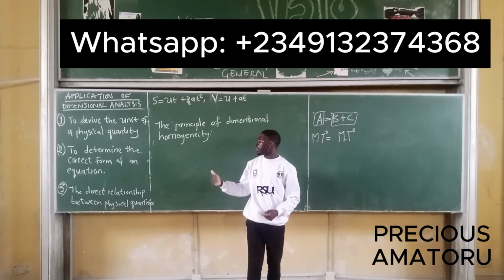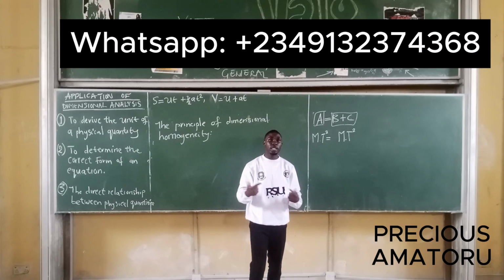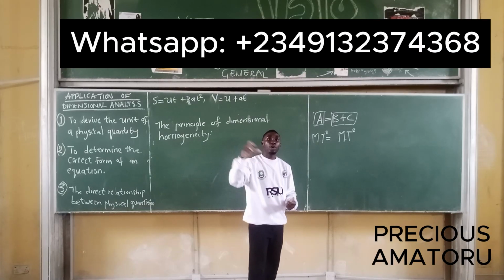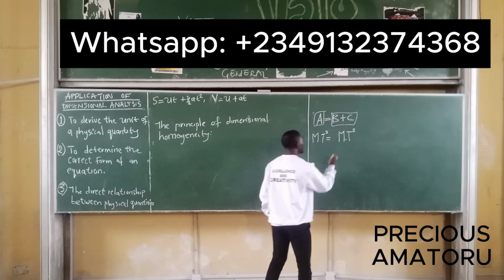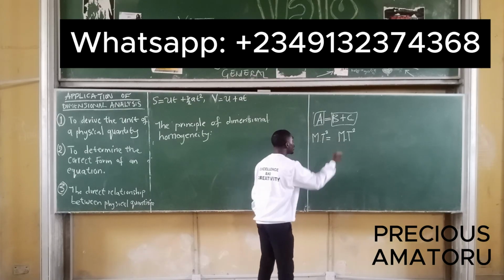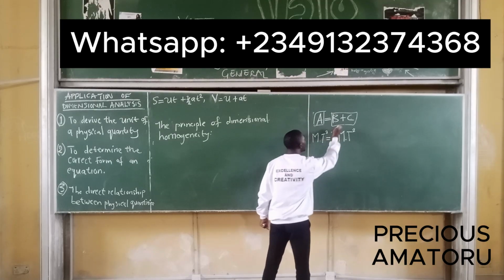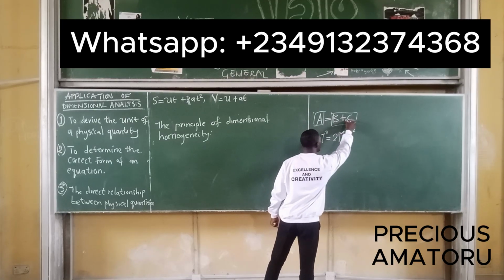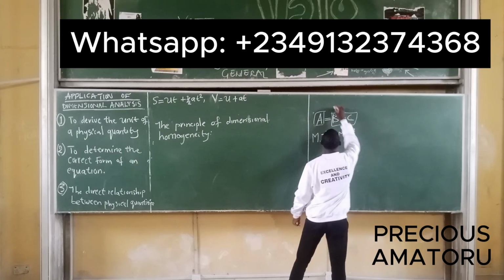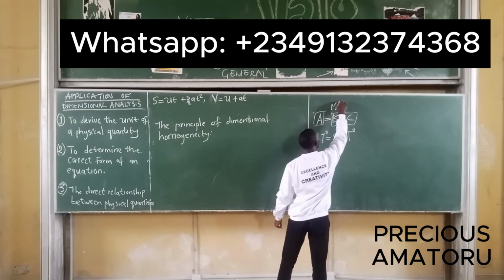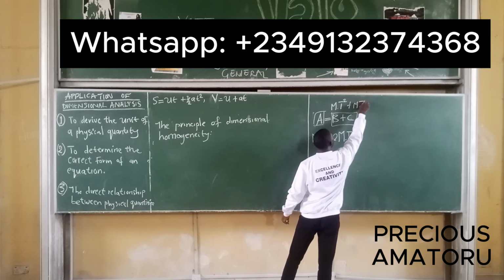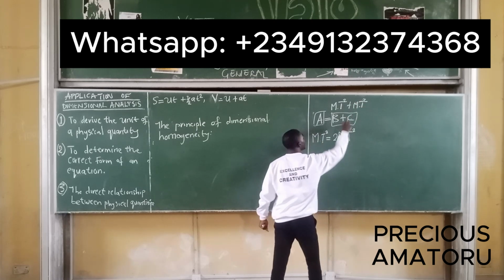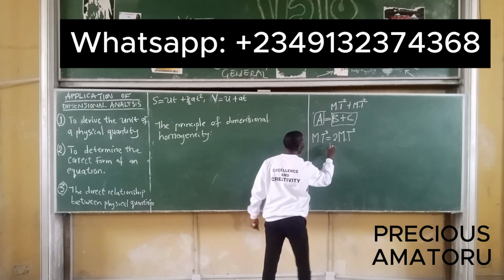And the other part of the principle also says that irrespective of the coefficient attached to one side of the equation, we can have 2 here. Let's say when you add up this and this, let's say this is m multiplied by t to the power of 2 plus m multiplied by t to the power of 2. When you add them, you have 2.